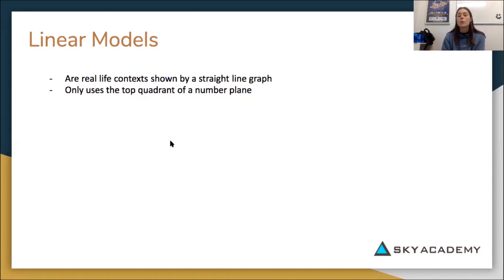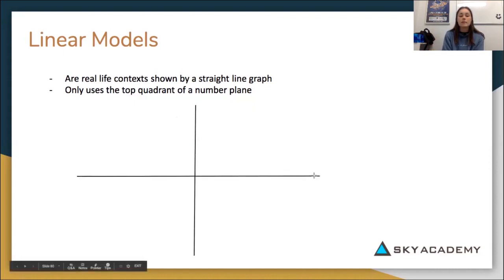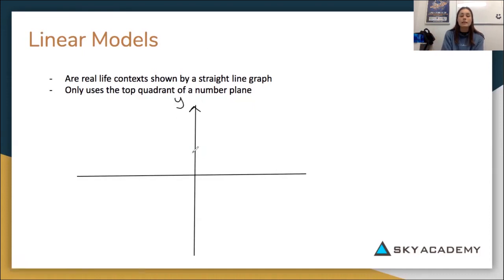When we're using linear models, we only use the top quadrant of a number plane. So if I draw a number plane here, by now we know that y is vertical and dependent, and x is horizontal and independent.